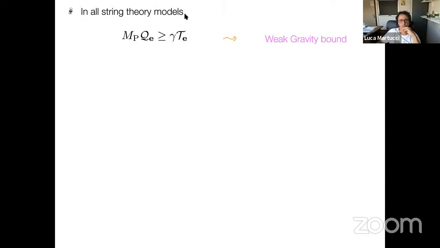Another interesting observation is that in all the models that we could study in detail in string theory, the tension and the physical charge of the string satisfy a bound, which is of the same kind that appears in the formulation of the weak gravity conjecture.